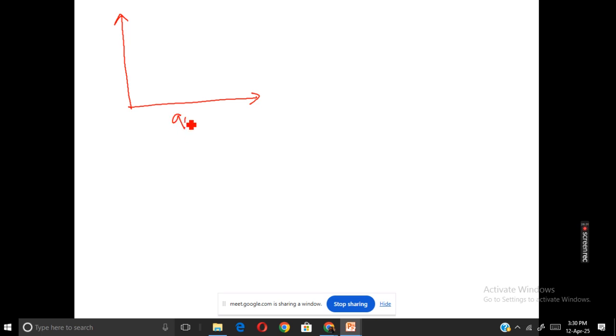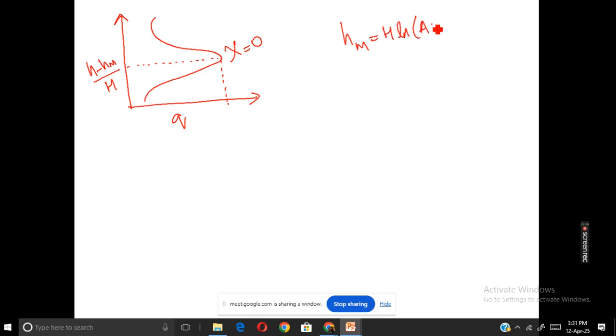Suppose this is Q, this is h minus hm by H or Z. So this is the curve for when the zenith angle chi is equal to 0. Now we increase the angle. We know that hm is given by H into log of a rho 0 H sec chi.